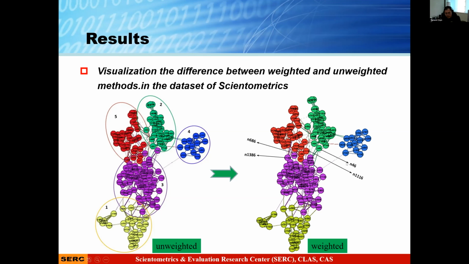This is a very micro view of how different groups move under different methods. So it's very helpful for us to understand how we can use the different methods to support our case studies.